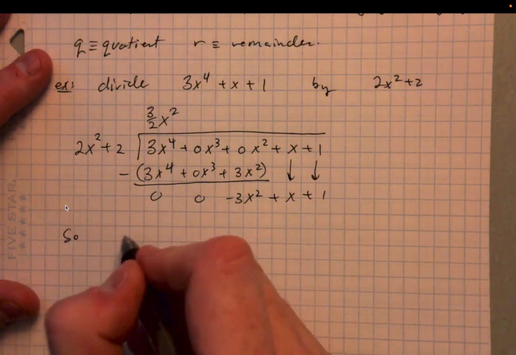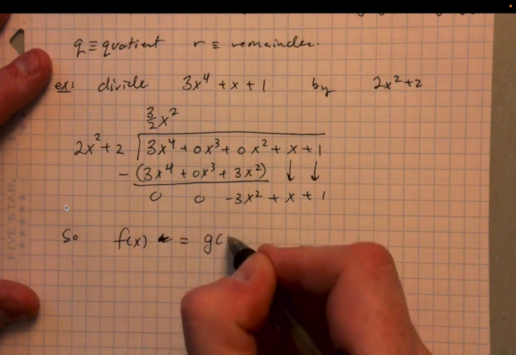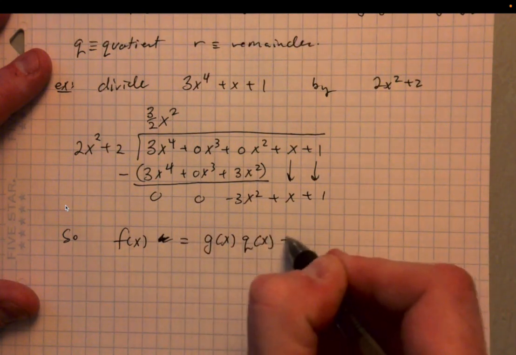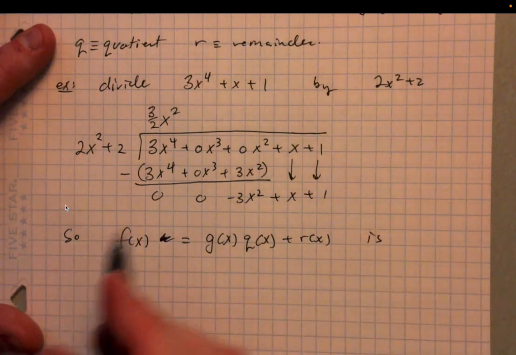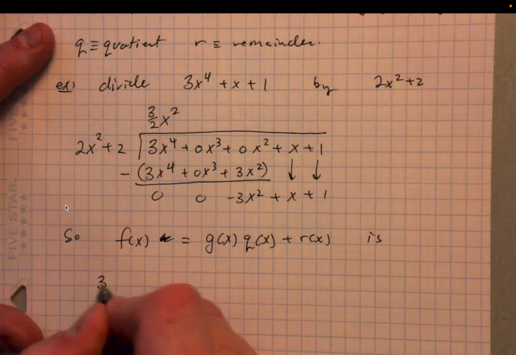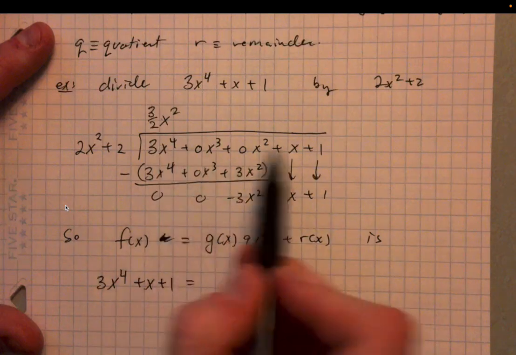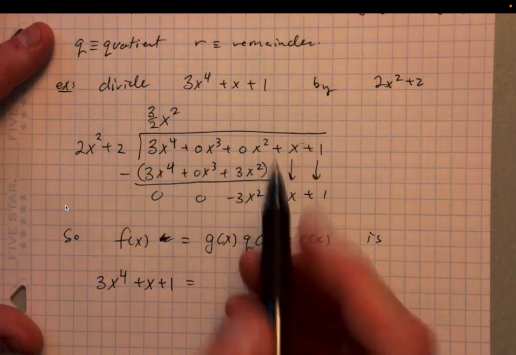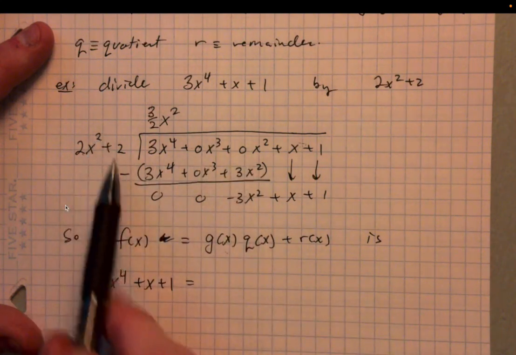So let's see, f of x would be equal to g of x times q of x plus r of x, and in this case, what would all of these quantities be? All right, we would say the f of x is 3x to the fourth plus x plus 1, right? That's this thing in here. That's going to be equal to the g of x, which is 2x squared plus 2.